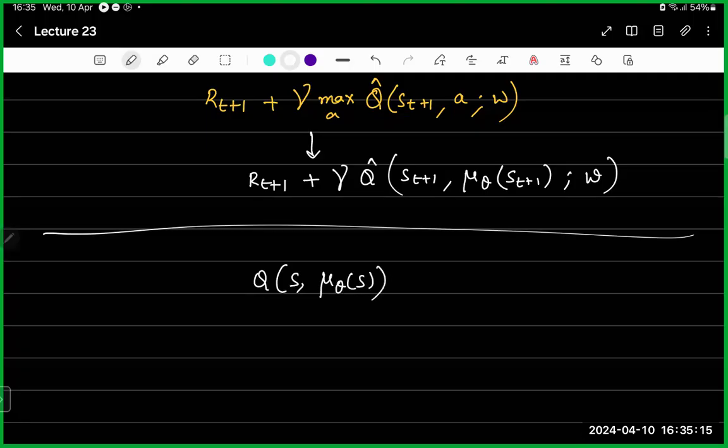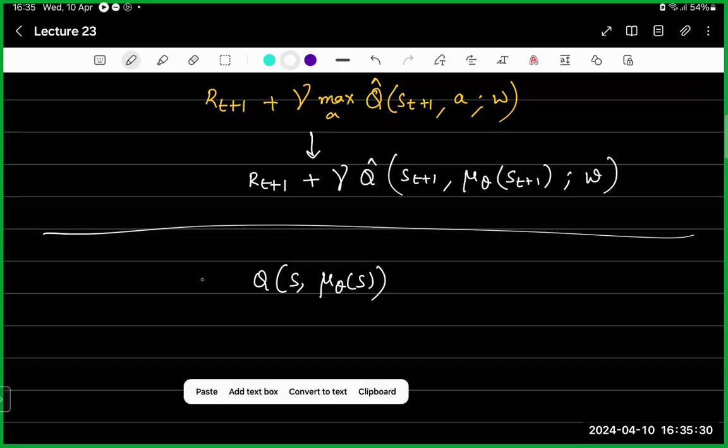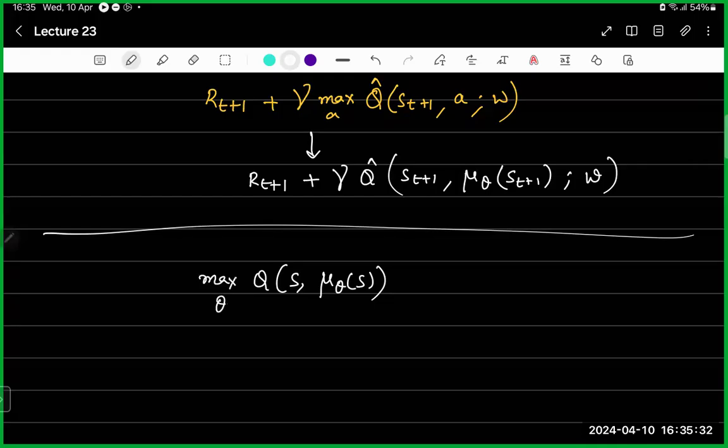We want some theta which will maximize this. Let's say for a particular state, we want to find the best action, right? For every set of theta parameters, you'll get some Q value. You want to find the theta which will maximize this.